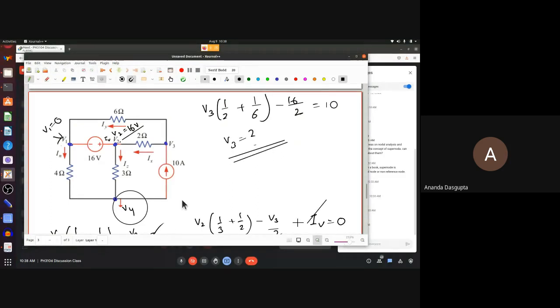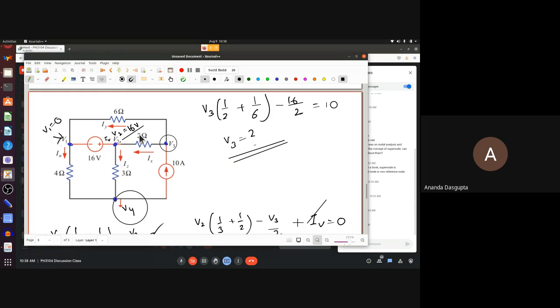This V3, of course, is going to be different from the V3 you calculated before, because the V3 you calculated before was the voltage of this point with respect to this point. This V3 is the voltage of this point with respect to this one. So this is a different V3, but you will be able to calculate it easily. You will also be able to calculate V4 easily. Simple equation. Once again, I'm not even going to bother to write it down. You should do some of the work. So that would give you the answer with almost no work at all compared to this one. Okay.